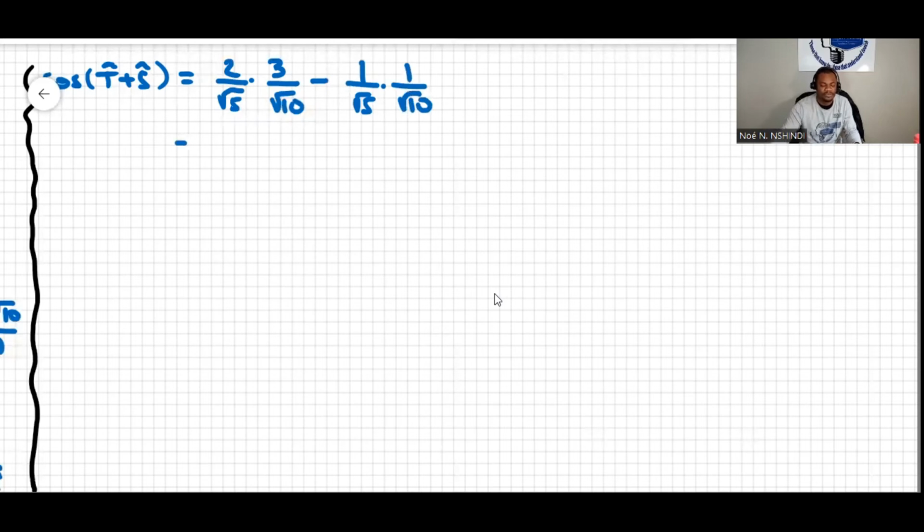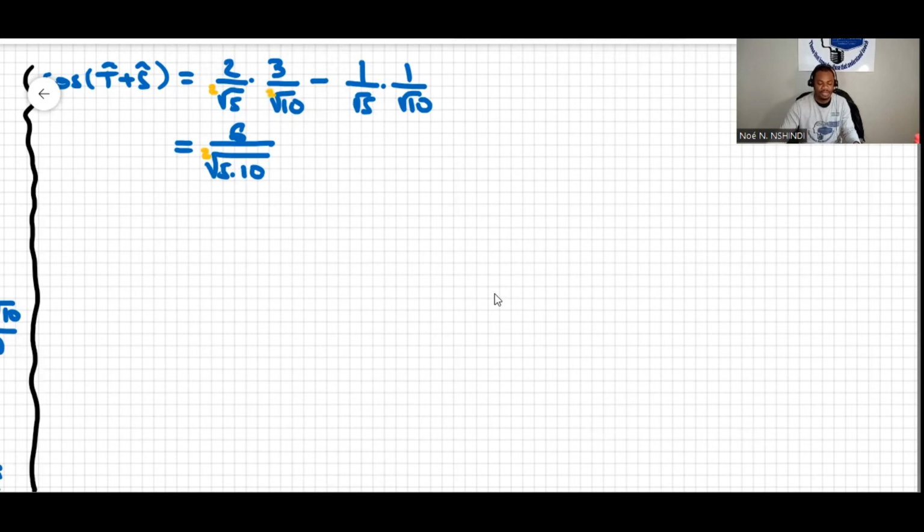Now we can do the calculation here. 2 times 3 is 6. When we multiply fractions, we multiply the numerators, and we also multiply the denominators. So this will be 6 over √5 times √10. We are allowed to do square root of 5 times 10 because they both have the same index, which is 2.